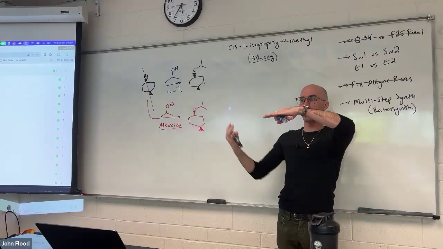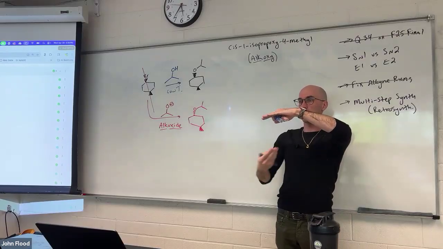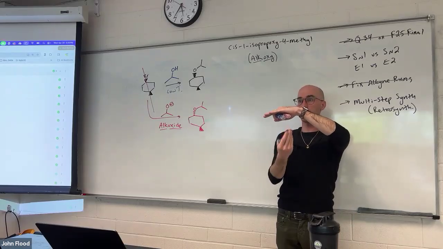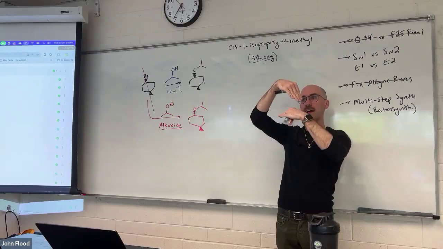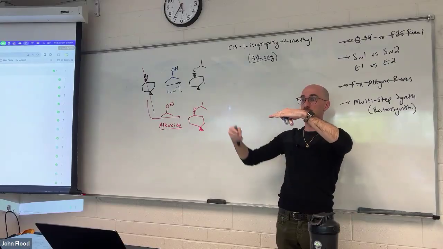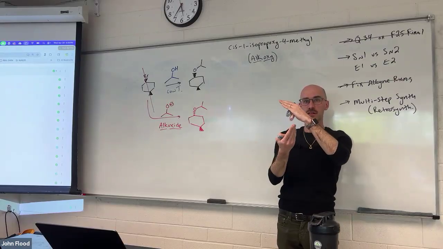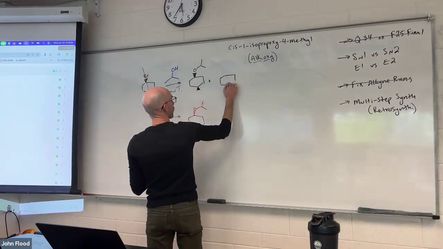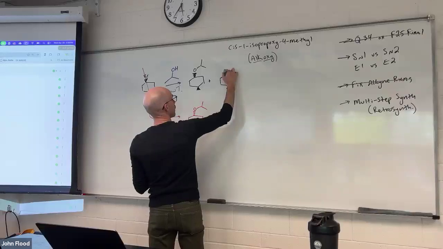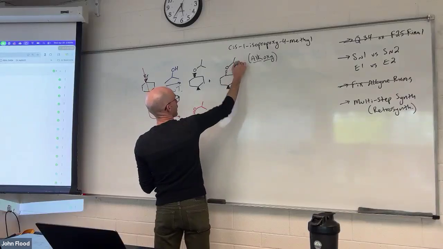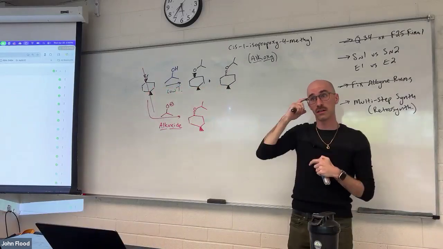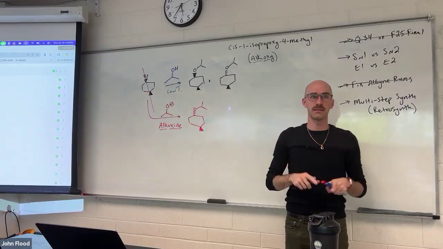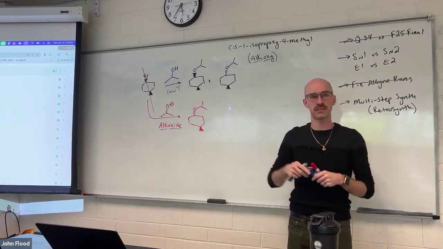SN1 has the nucleophile attack a flat carbocation, which means either face of that carbon is open, and the nucleophile might add wedged, the nucleophile might add dashed, depending on how the nucleophile approaches the carbocation. I can get retention of stereochemistry and inversion of stereochemistry.